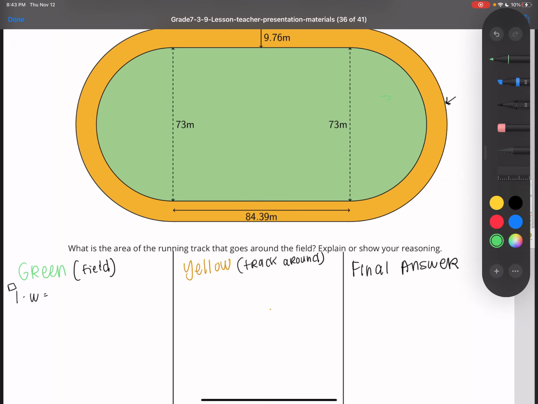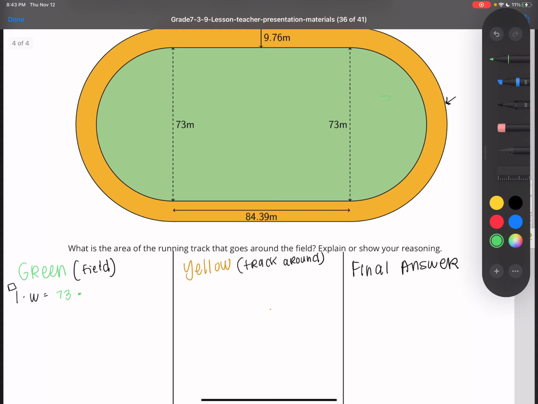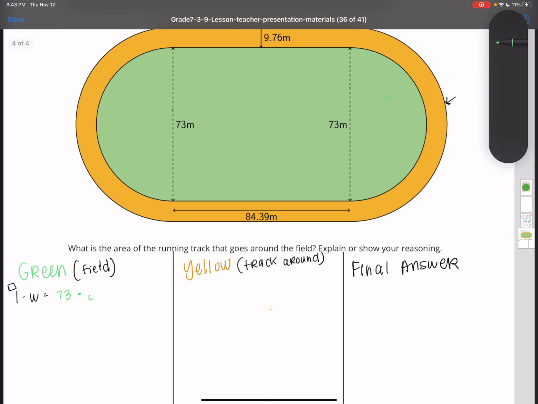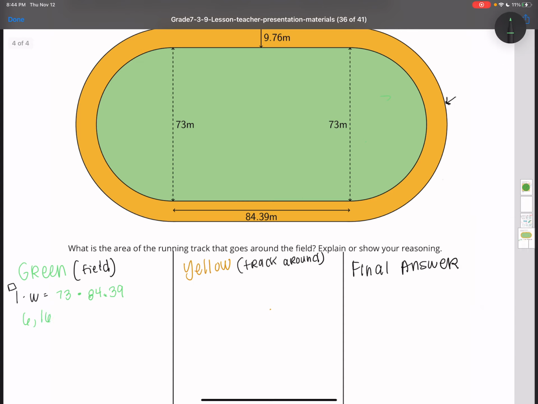We want the length, which is 73, times the width, which is 84 and 3900ths. When I multiply those 2 numbers together, I will get 6,000. I told you you're going to need that calculator. You're going to get 6,160 and 47 hundredths. And I want us to use those units, meters squared.